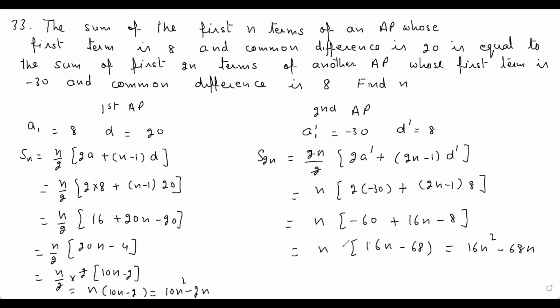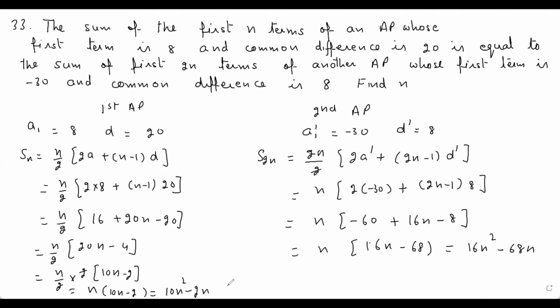Now what it says in the question: the sum of the first n terms of an AP whose first term is 8 and common difference is 20 is equal to the sum of the first 2n terms of another AP whose first term is minus 30 and the common difference is 8.